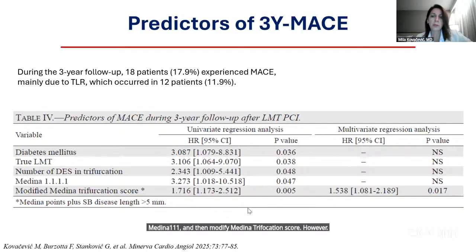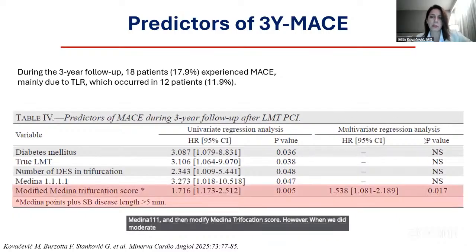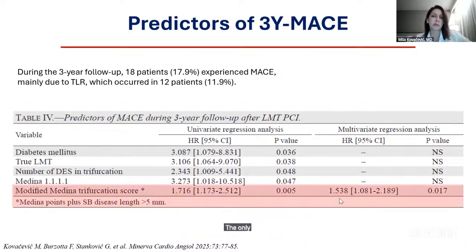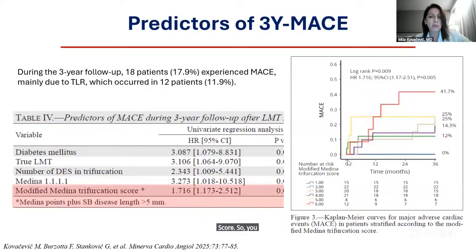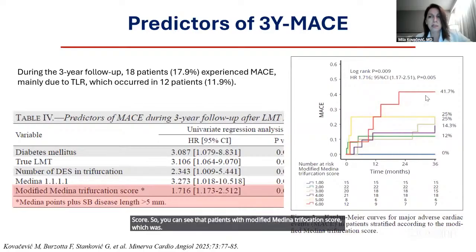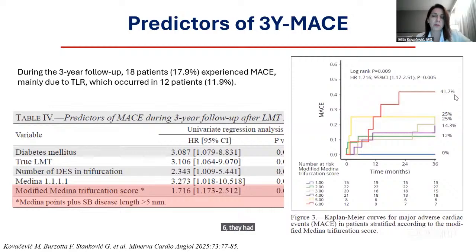However, in multivariate regression analysis, the only independent predictor of 3-year MACE was the modified Medina trifurcation score. Patients with a score of 6 had 40% 3-year MACE.